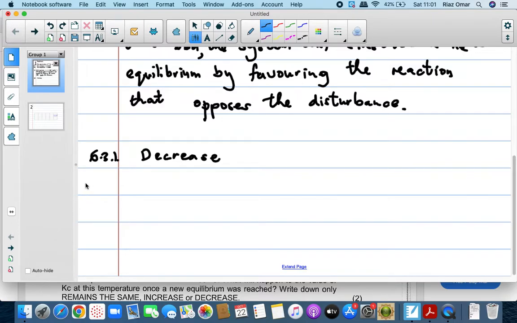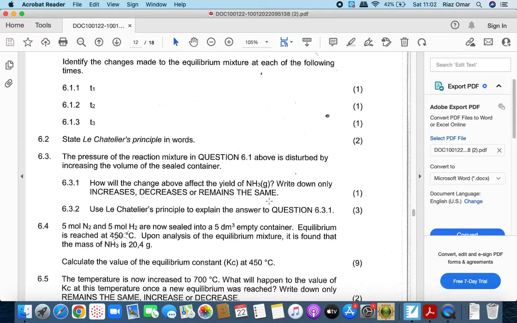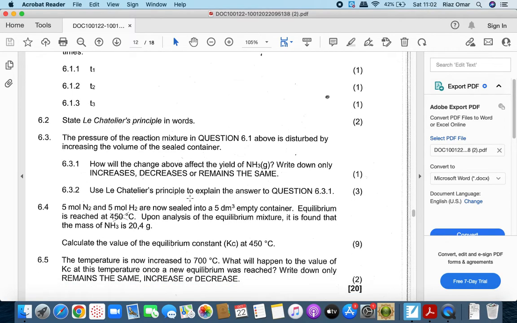6.3.2. So the question 6.3.2 is, use Le Chatelier's principle to explain the answer for 6.3.1 above. So that's 3 marks, right? So we have to state the disturbance first. What is the disturbance?